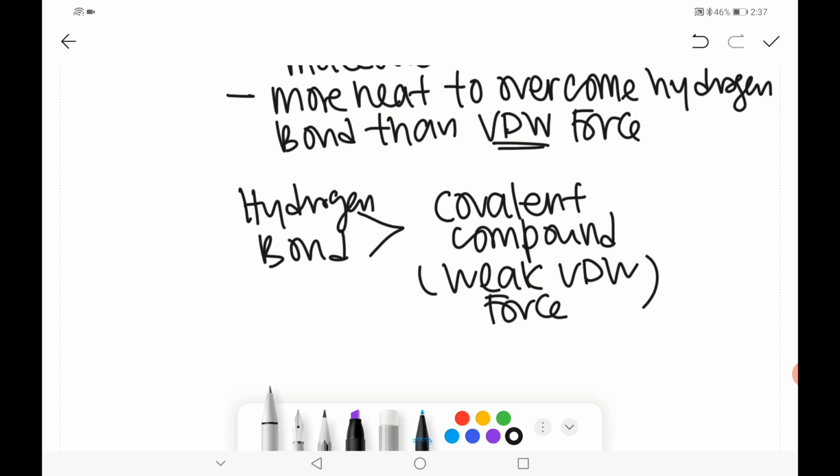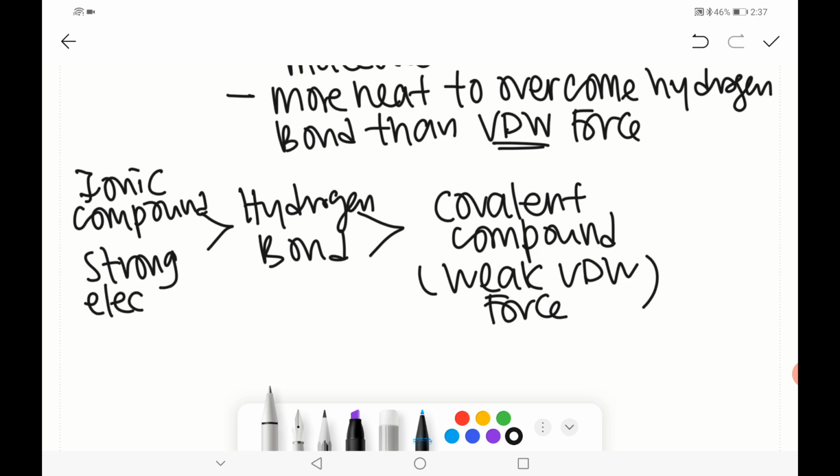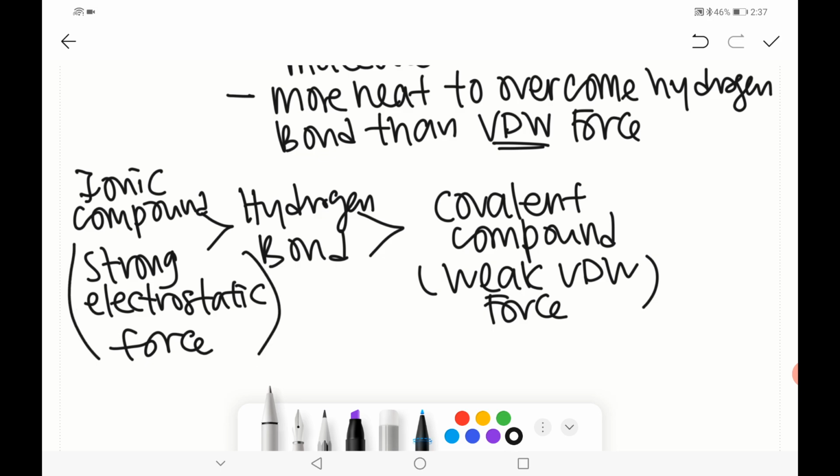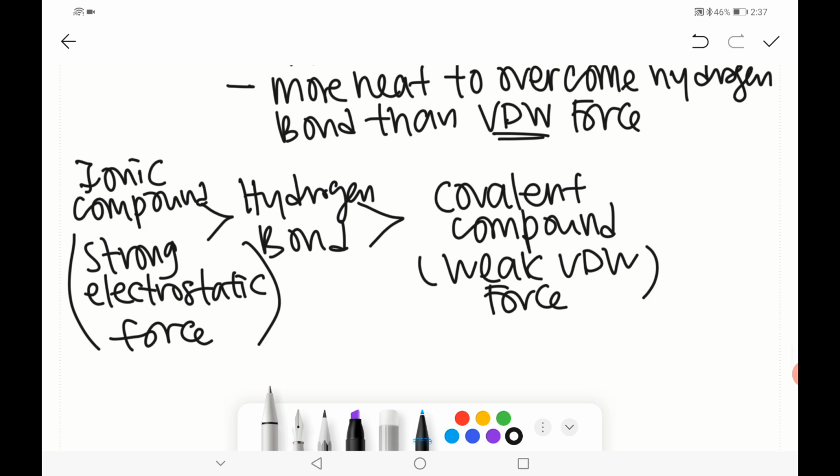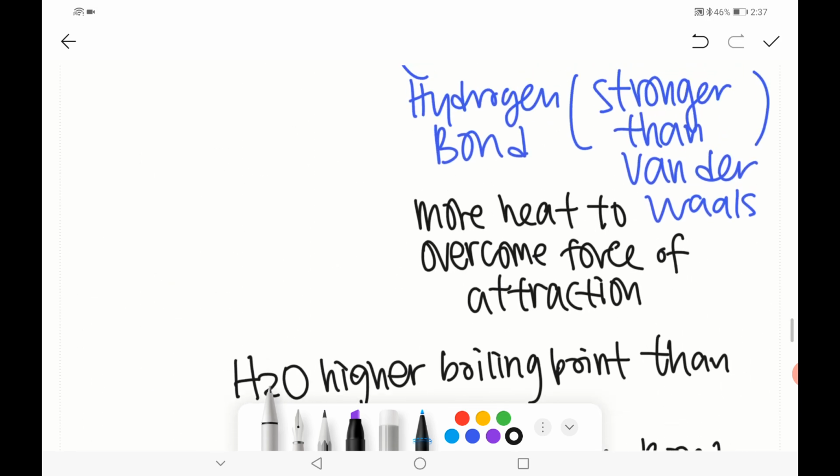But hydrogen bond is weaker compared to ionic compound, because in ionic compound we have very strong electrostatic force. The electrostatic force in ionic compound is stronger than the hydrogen bond, and hydrogen bond is stronger than the van der Waals force. So you must know the sequence.